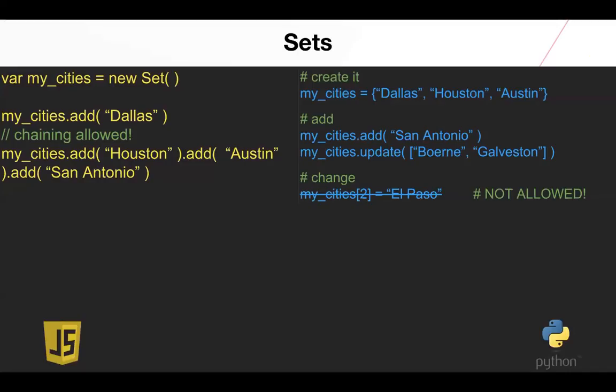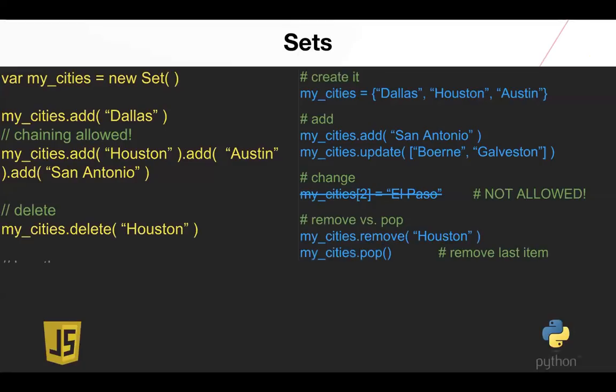I cannot change items at a particular index like we could with lists, because with sets, there's not really a set order to how the items are being stored. So we don't have the ability to reference items by an index. They're not assigned an index that will remain the same.